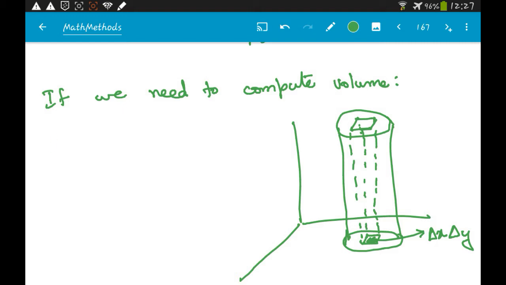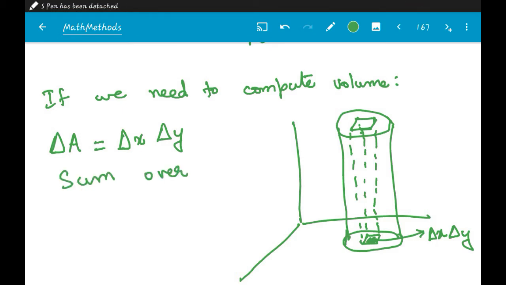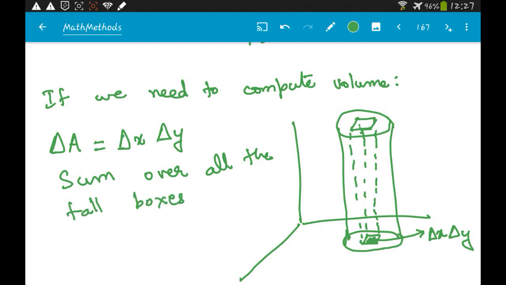So essentially, delta A is nothing but delta x into delta y, right? And what we have to do is sum over all the tall boxes, okay, to get the volume.